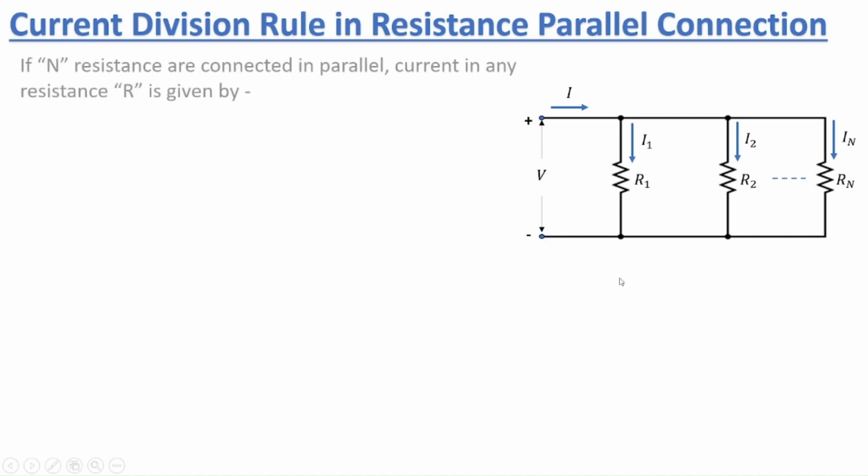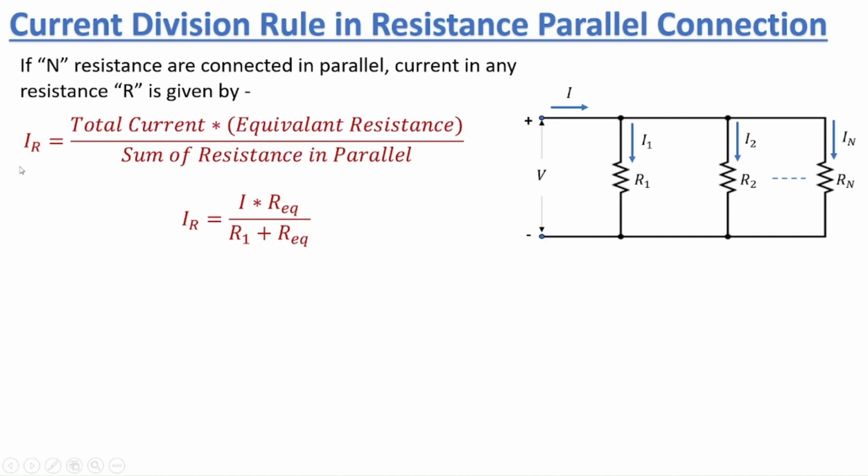So the current in any branch having resistance R can be calculated with this formula: total current multiplied by the equivalent resistance divided by the sum of resistance in parallel. This will come out as IR equals I into R equivalent divided by R plus R equivalent. Here the R1 is actually R, because we are calculating it for the R resistance value. Okay, so you can correct this here. This is not R1, this is R here.